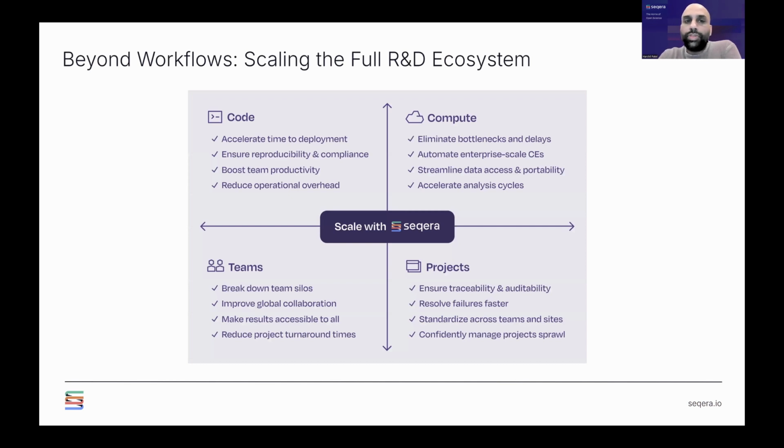So hopefully I gave you an overview of what we're trying to solve at Seqera, and we're trying to really scale science in general, whether that's on the compute front and using all of these really cool resources.